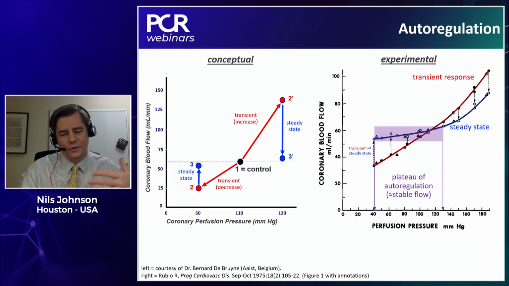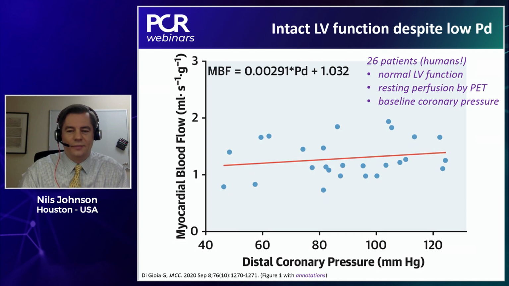All right, so great, that's a wonderful concept, great animal data. What about humans? It turns out that back at the beginning of the FFR journey, there were some measurements made that actually show the same effect. These were 26 patients who had normal LV function and were undergoing both resting blood flow measurements by cardiac PET, and then came to the cath lab and had coronary pressure measurements.